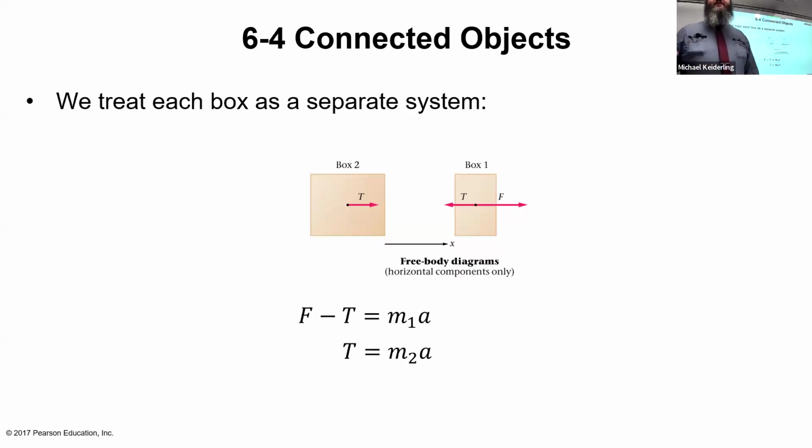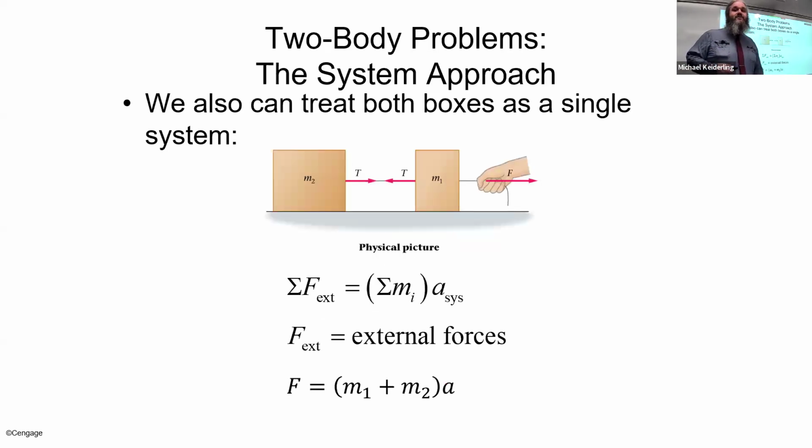The other way you can approach this is you can use a system approach. We can treat both boxes as a single system and say the sum of all the external forces equals the sum of all the masses times the acceleration of the system. So the external force equals mass 1 plus mass 2 quantity times the acceleration.